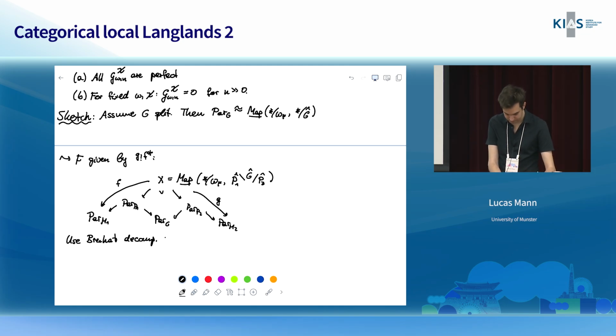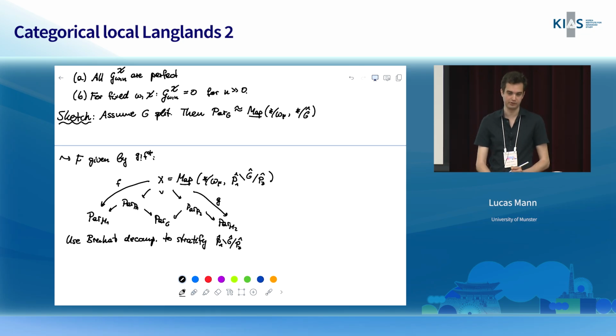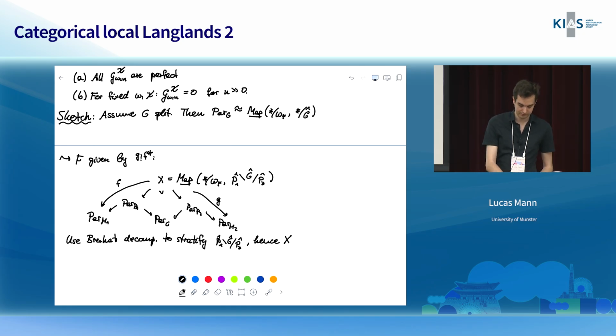The most classical one you can think of, at least in the split case, to stratify. Well, first of all, I can stratify this, G hat modulo P1 hat and P2 hat, right? Because this is really just a double coset space. There's a small technical thing you have to check, that this stratification extends to X, to this mapping stack, but that's okay.